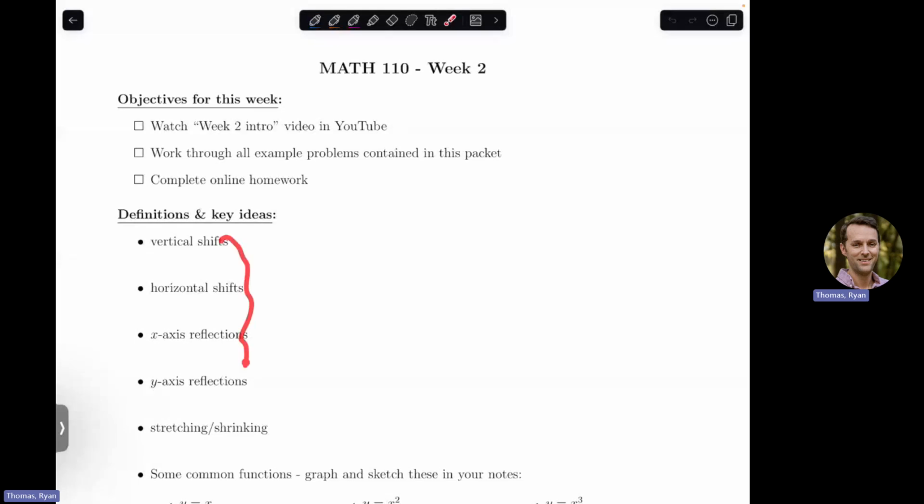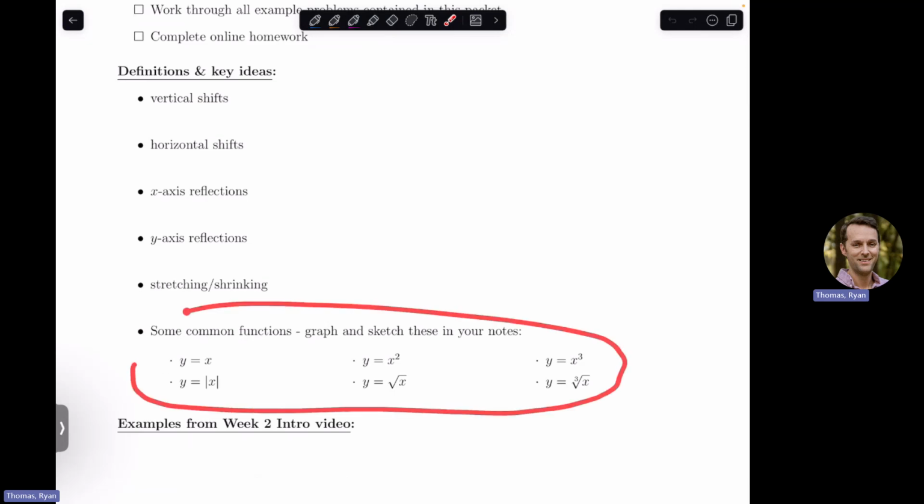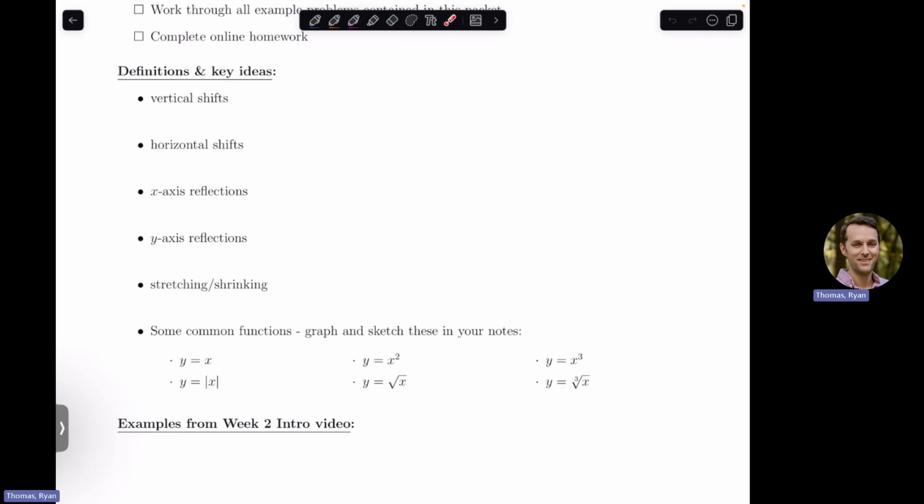We're going to look at a bunch of different types of things that we'll talk about in a second, but first, we're going to want a starting place, some common function types that we just recognize. So what you should do now is pause the video for a minute, grab a graphing calculator, or use an online one.